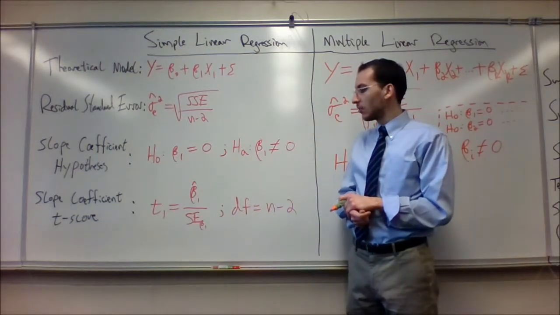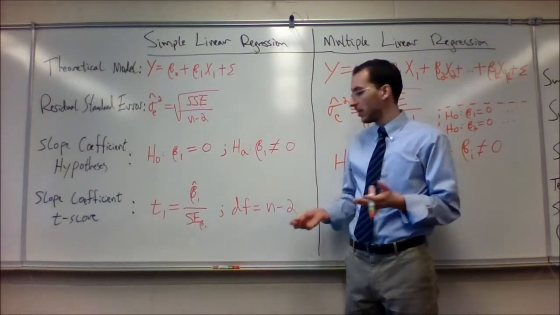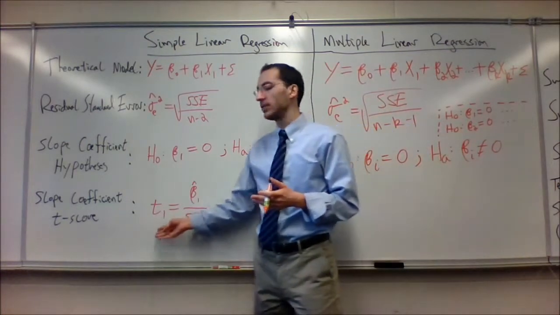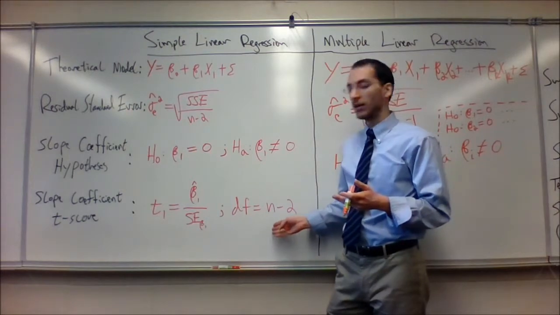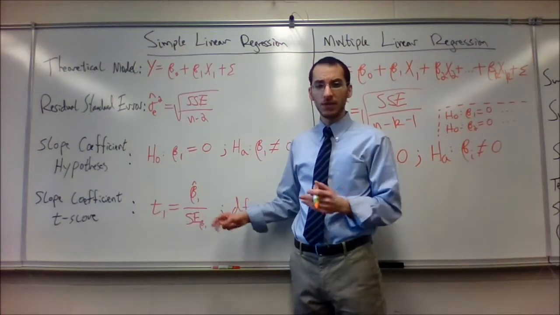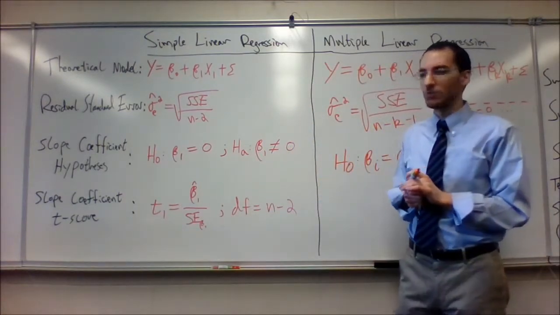And that t-score has a p-value, which we would look up depending on how many degrees of freedom the t-score had. And those degrees of freedom were n minus 2. This is everything that's given to you in the regression table. Again, I just want to make this connection of how this applies to multiple linear regression.